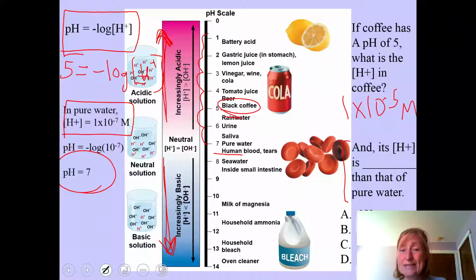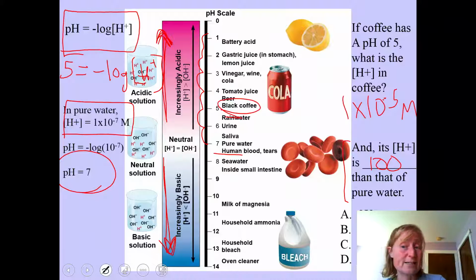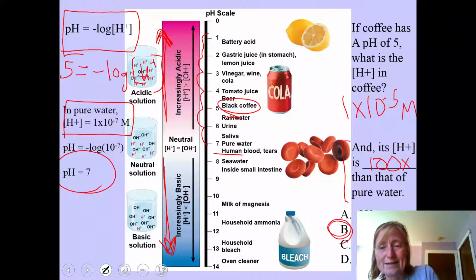So here we've got 10 times 10, or 100 times. The concentration of protons in coffee is 100 times more than that of pure water. That's B. Yes. All right.